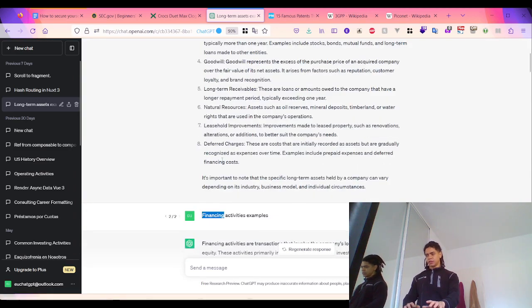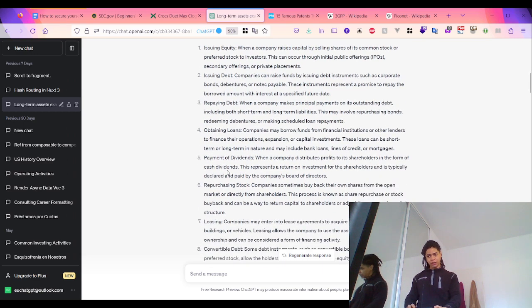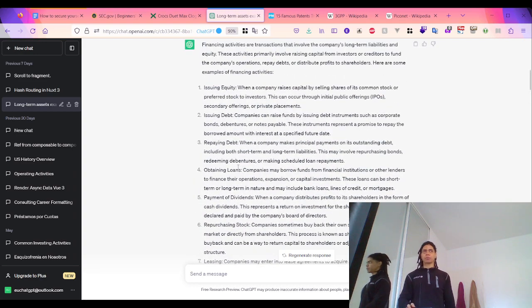Financing activity examples include issuing equity, issuing debt, repaying debt, obtaining loans from financial institutions, banks, individuals, or other companies, payment of dividends, repurchasing stocks, and leasing.